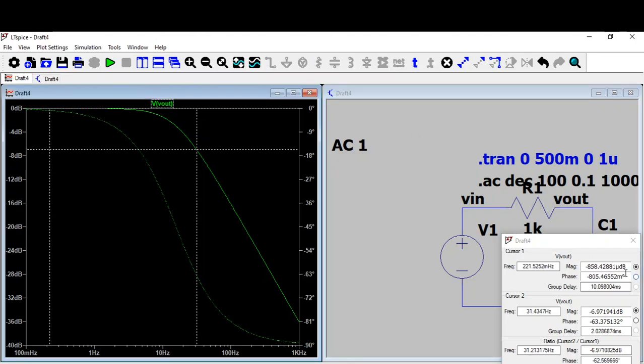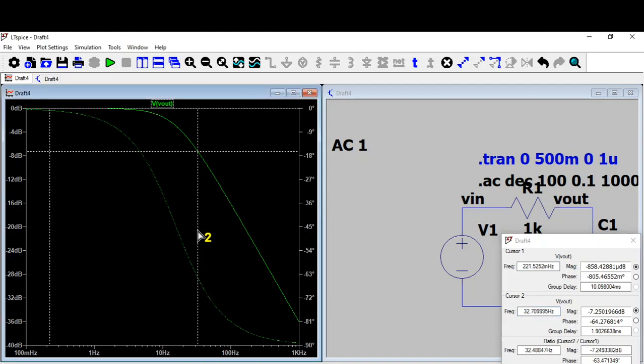You can see the output voltage is almost 0 dB. When the phase shift is 45 degrees, we are looking for a frequency of 15.75 hertz. So just have a look at this frequency.